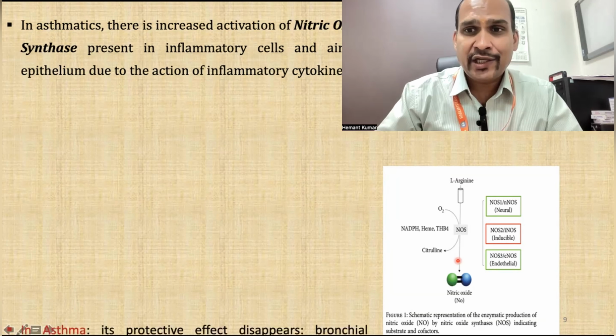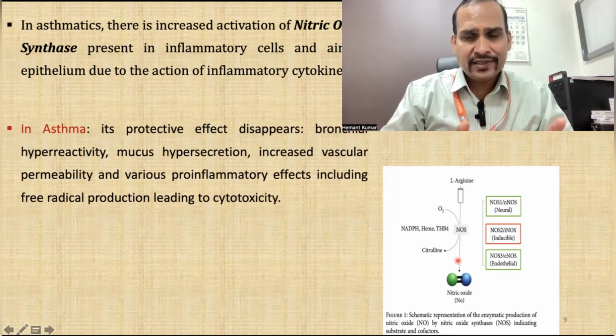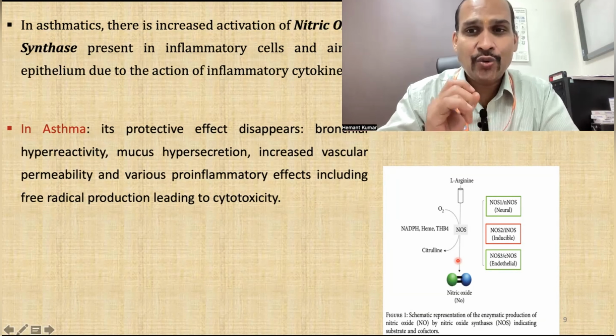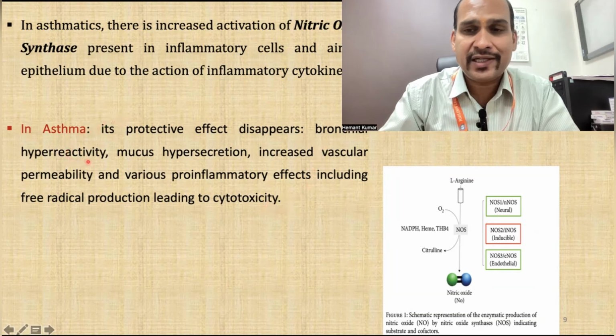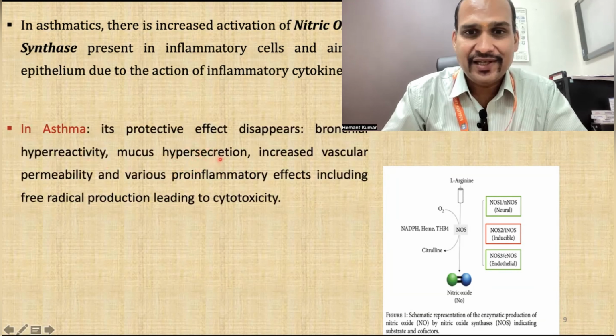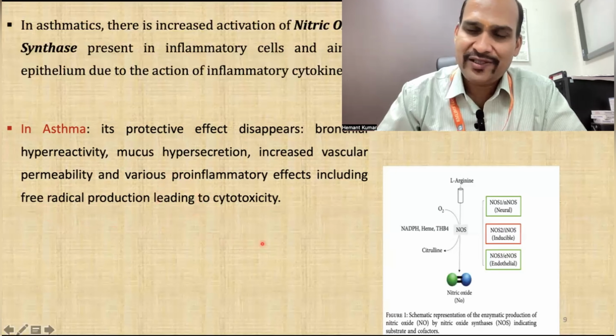And this excess nitric oxide is harmful. Everything in excess is harmful. Likewise, excess nitric oxide is harmful for our body. How is it harmful? It causes bronchial hyperreactivity, bronchoconstriction, mucus hypersecretion, increased vascular permeability, and various pro-inflammatory effects, including free radical production which leads to cytotoxicity.